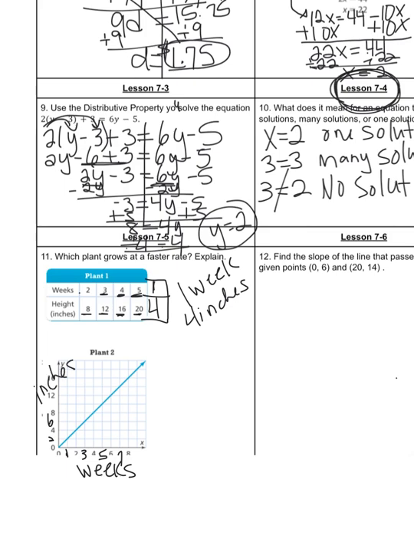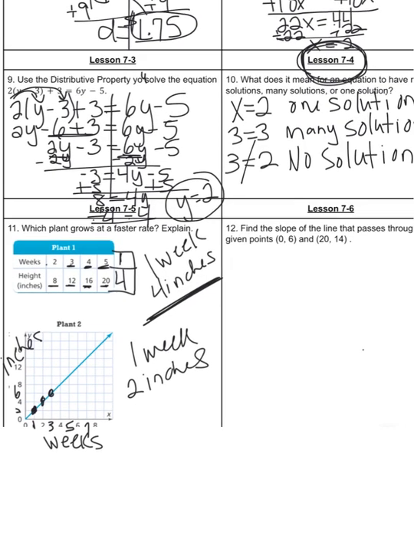So 1, 2 means 1 week, 2 inches. I can also go 2 weeks, 4 inches, 3 weeks, 6 inches, and as you can tell, that's going to be proportional to a straight line and through the origin. So plant number 1 would be the one that would grow at a faster rate because it's growing 4 inches in 1 week.